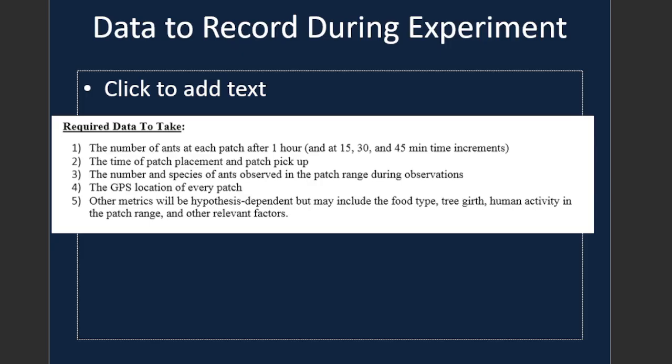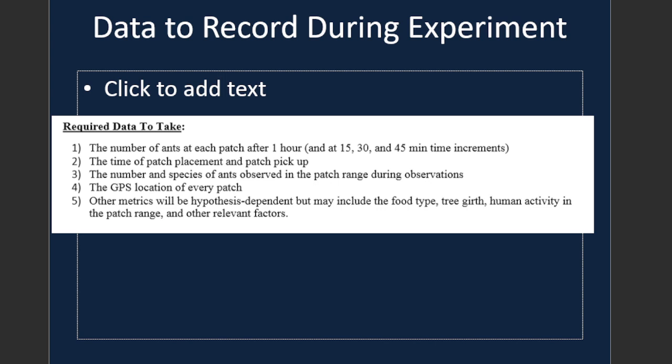And then here's the required data to take. The number of ants at each patch after an hour, so at 15 minutes, 30 minutes, and 45-minute increments. And then the time of patch placement and the patch pickup, so the time you put it down, the time you pick it up. The number and species of ant. So I had like 15 fire ants and 6 tiny black ants, whatever you get.